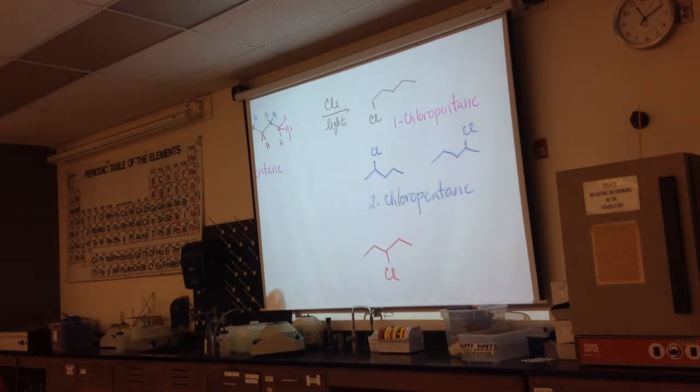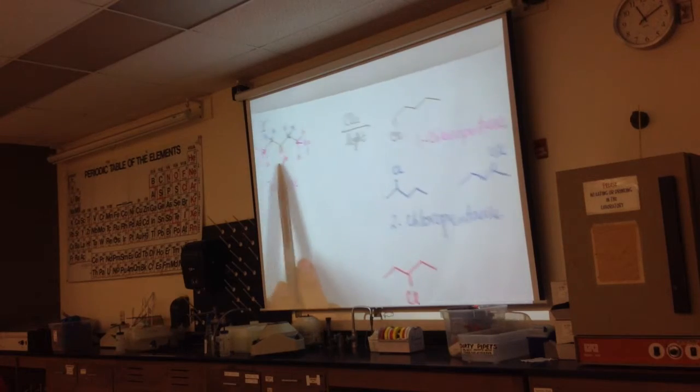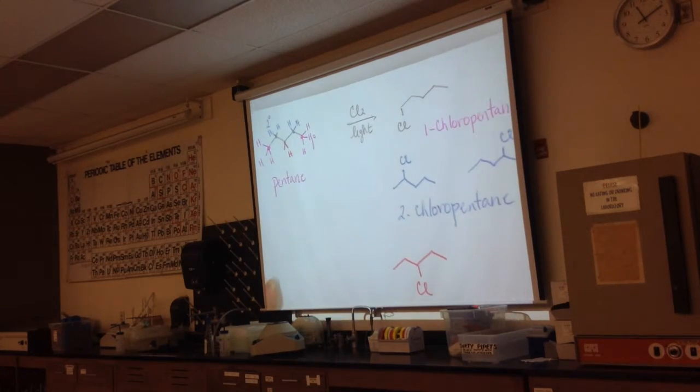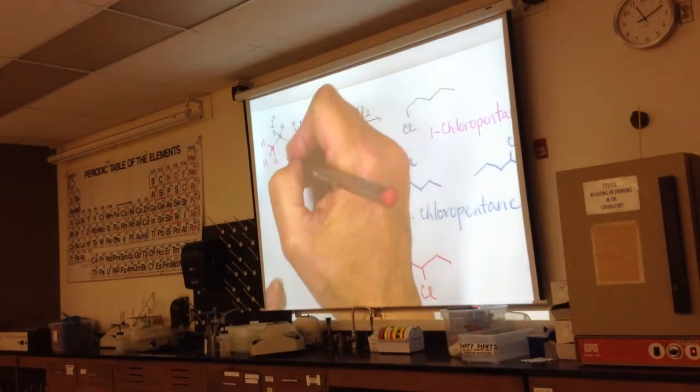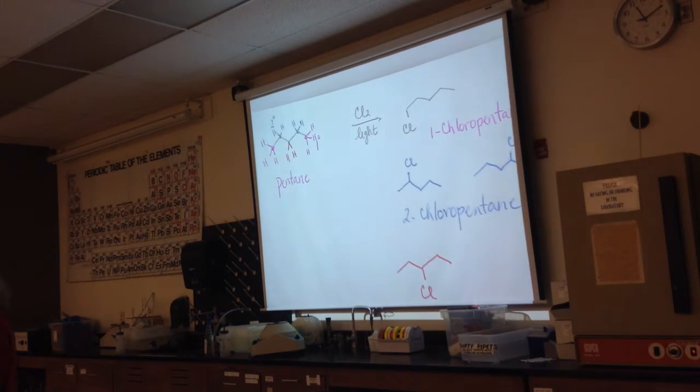So that carbon is only equivalent to itself, and those hydrogens are equivalent to themselves. So the compound pentane has 3 sets of equivalent hydrogens.